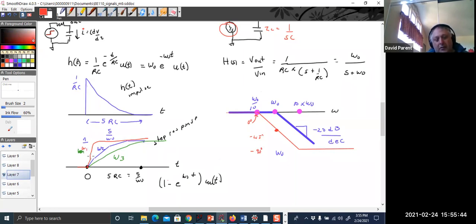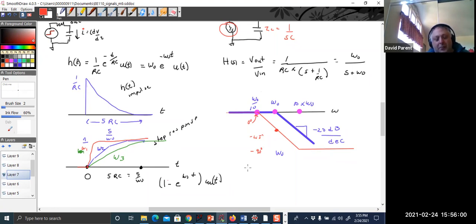All right. So the larger omega, the faster it reaches that step. Okay. The smaller omega, the slower it goes.